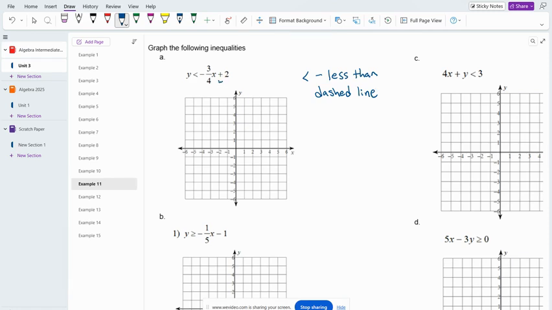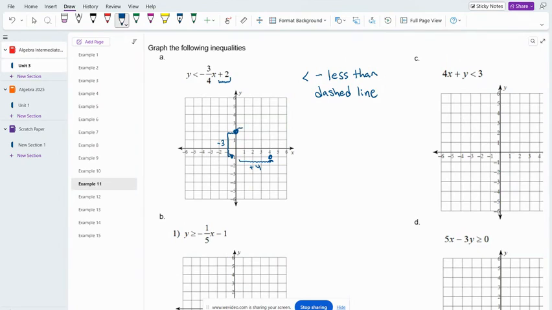I identify the y-intercept as being 2. So I'm going to put my 2 right there. The slope is -3/4. So I'm going to go down 3 and over 4. I can go the other direction as well.